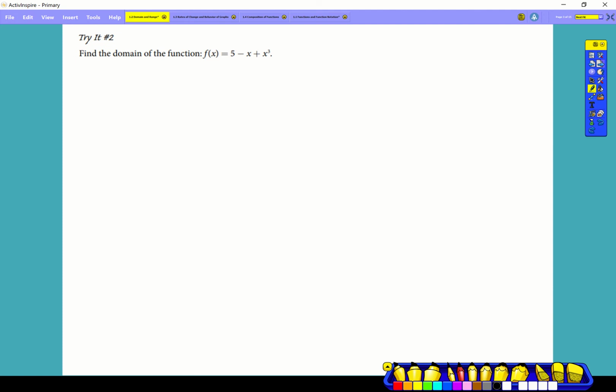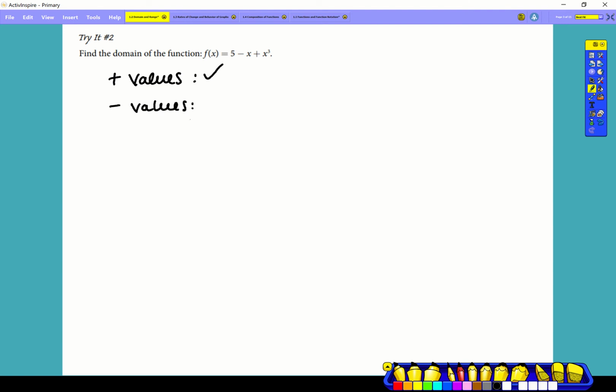So give the domain of this function. We need all possible values that I can put into this function. We can think about it like this. Can I put in positive values for x? And so x cubed, does that give me a real number? It does. What about negative values?